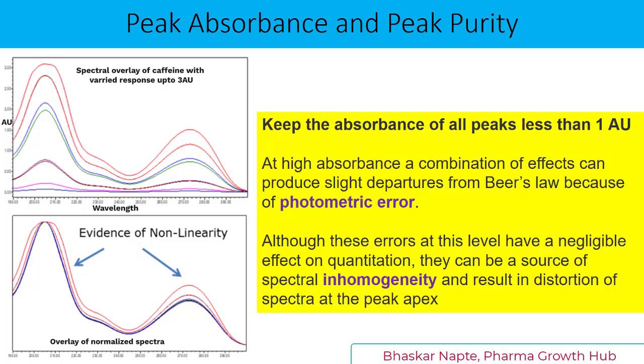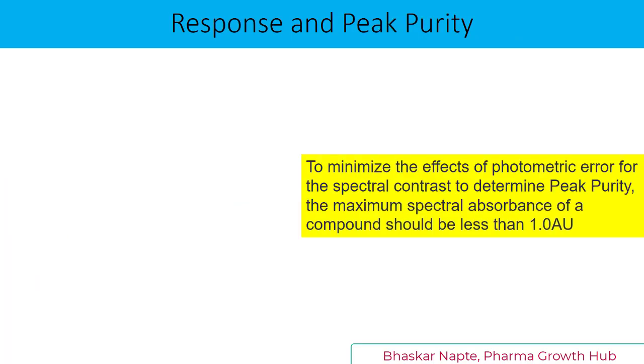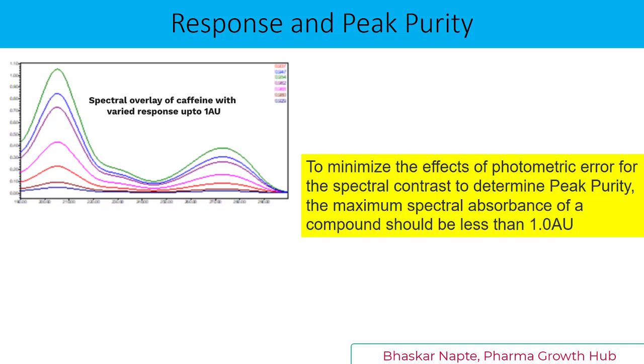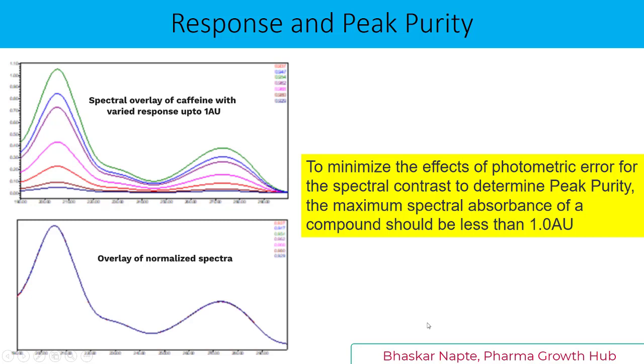So let me show you. Once you reduce the concentration of the caffeine solution, these are the injections made where the peak height is only up to 1 AU but not beyond that. Would you like to see the normalized UV spectra? They are shared onto the screen.